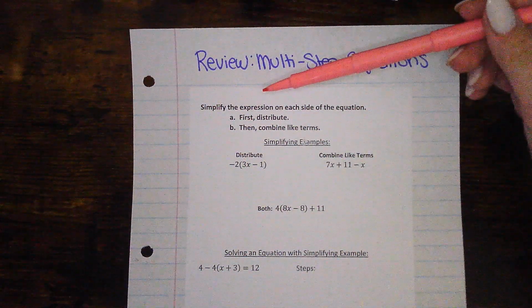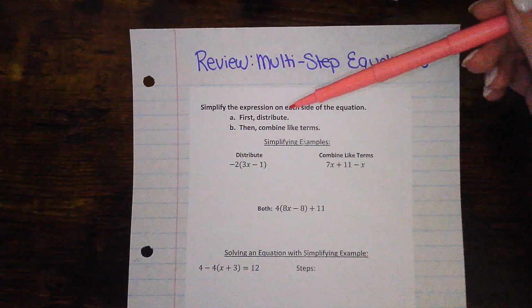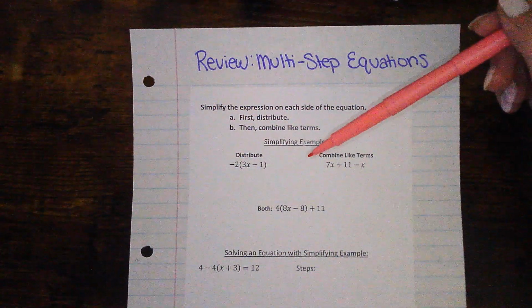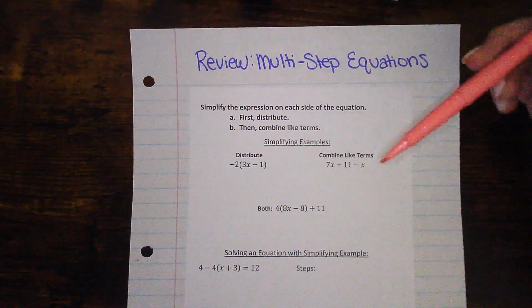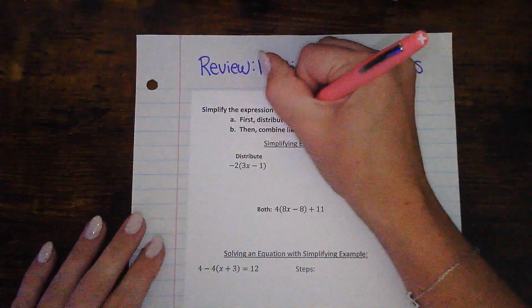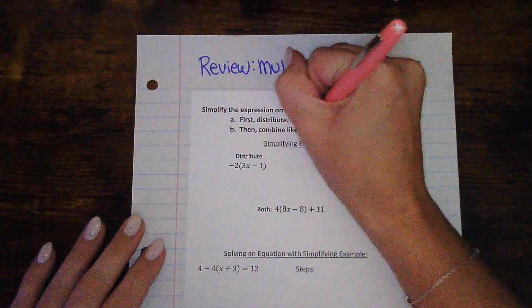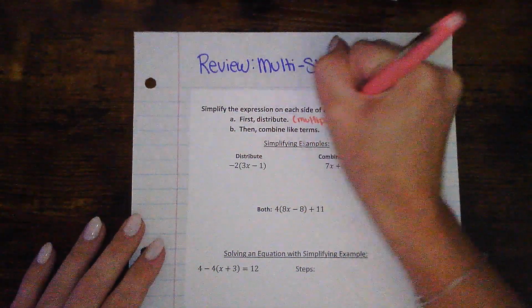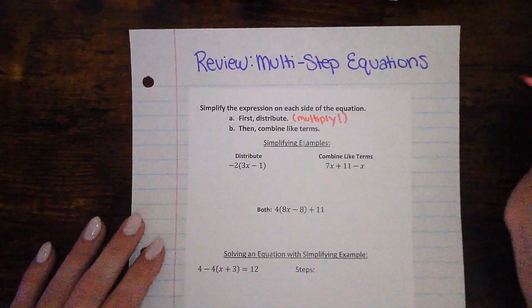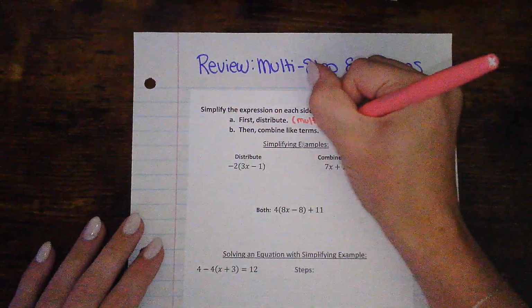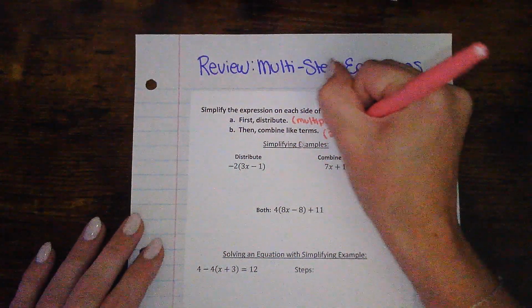And when you simplify expressions, you always want to distribute and then combine like terms in that order. You can think about distributing as multiplication, and you can think about combining like terms as addition or subtraction.